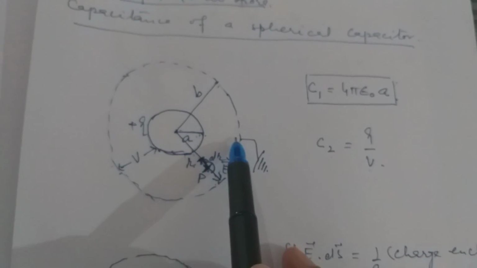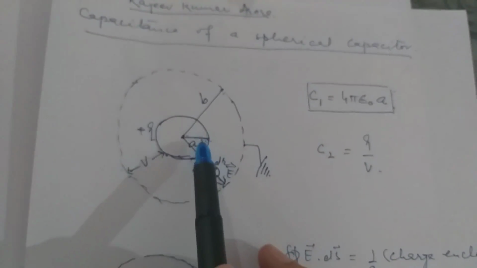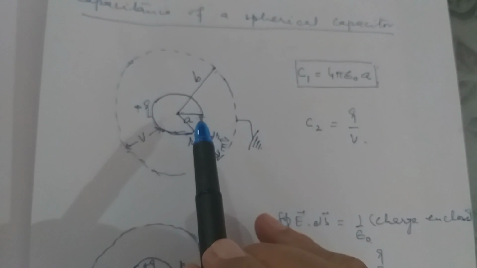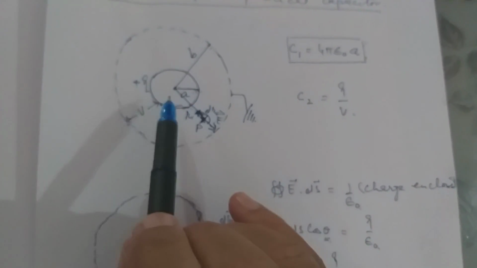So when the earth made conductor has been brought close to the charged conductor, then the earth made conductor will increase the capacitance. The capacitance of this capacitor will become more. What is this C2? The capacitance of the spherical capacitor.